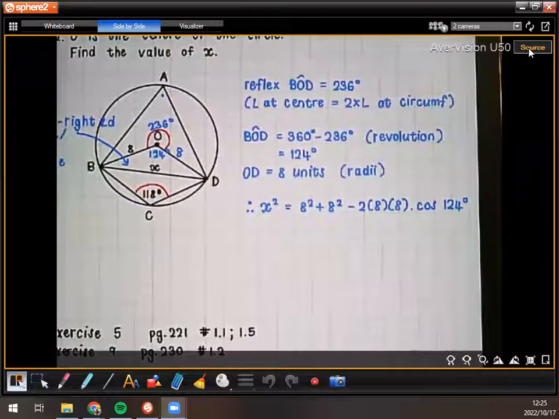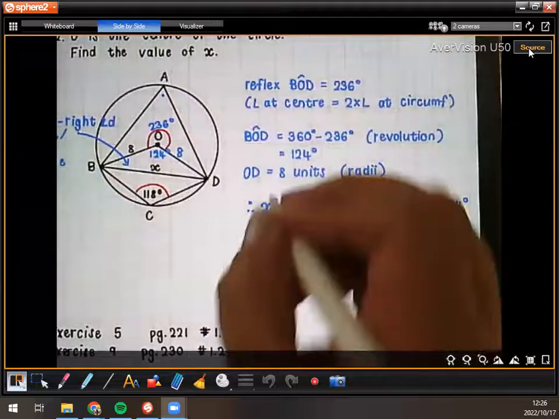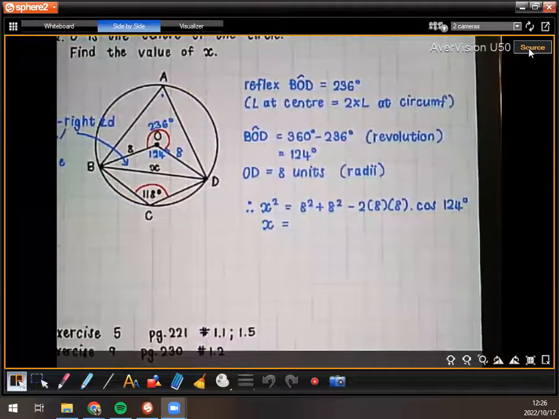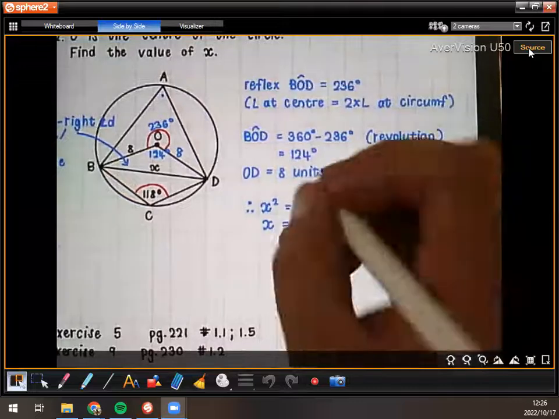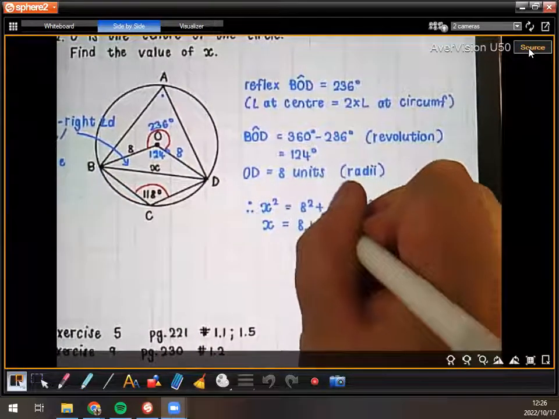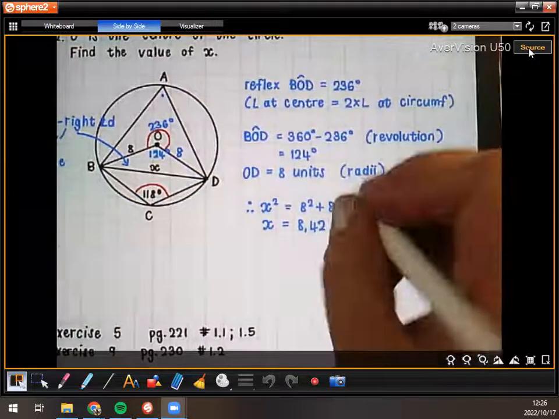You would type that into the calculator. Let's see, what was that value? It doesn't matter, you can just type that in and then square root it. Does anyone have the final one? 8.42 centimeters.